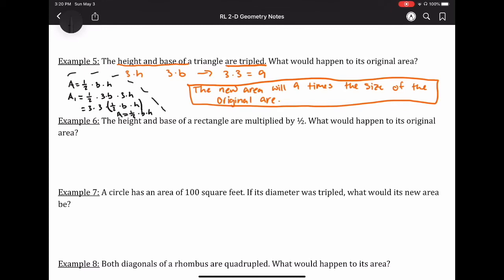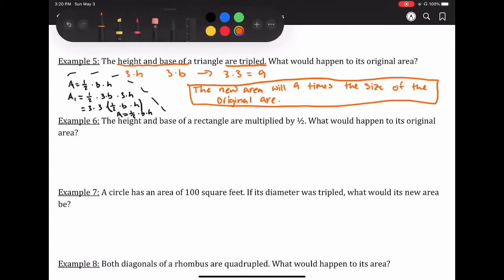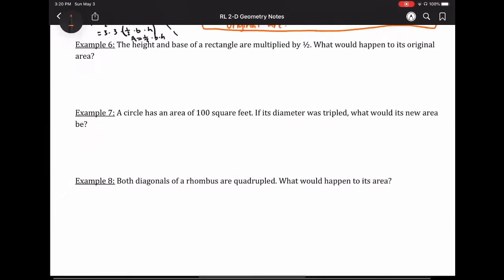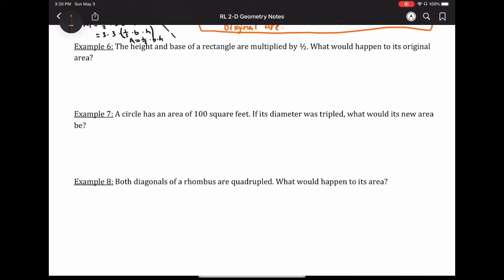All right, let's go on to example number 6. Example 6 says the height and base of a rectangle are multiplied by 1/2. What would happen to its original area? Okay, so I have height and base multiplied by 1/2. So I have 1/2 the height and 1/2 the base.